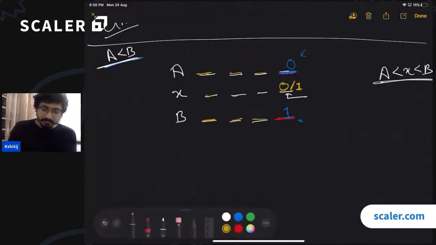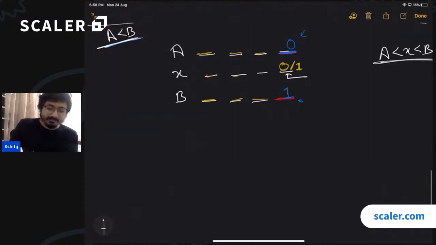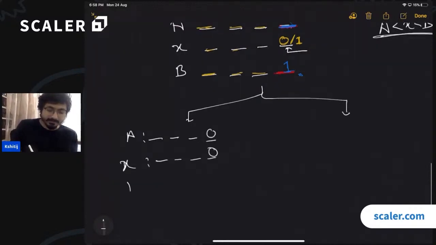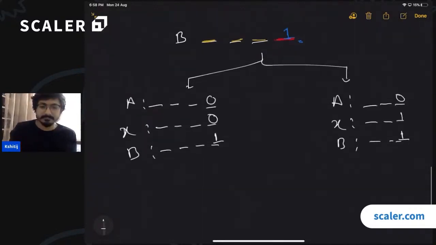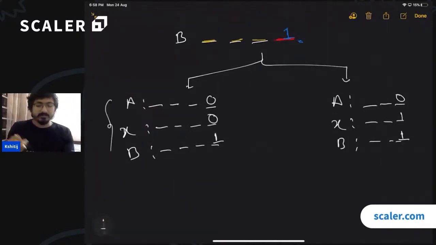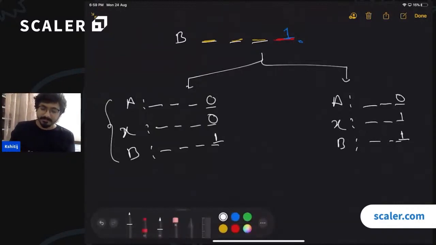Now let us consider both the cases: a case where X has got a 0 in this place, and the other case where X has got a 1 in this place. If I take the XOR of all the pairs out of these three numbers, which one do you think is going to be the lowest?